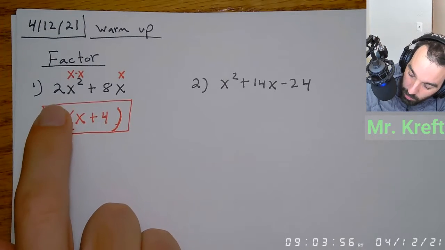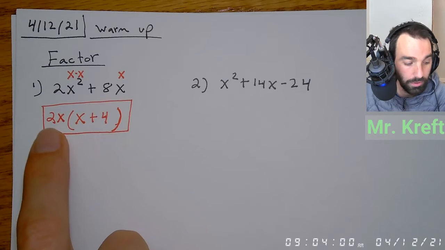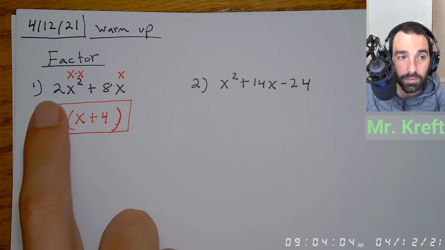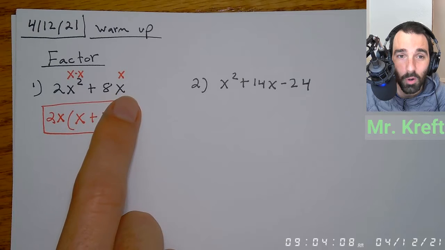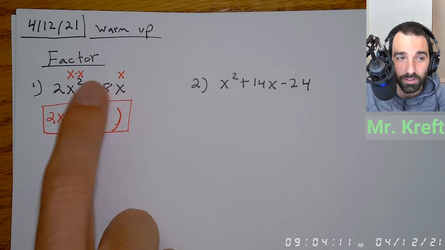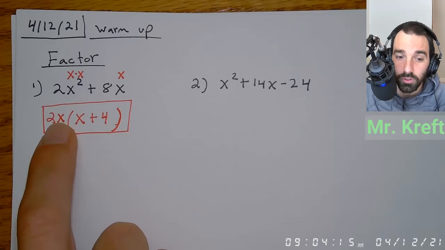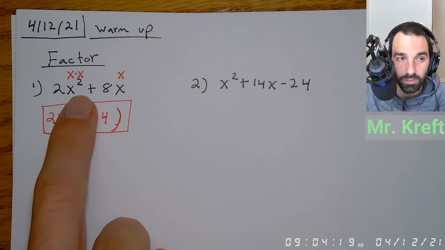So again, we're looking for what number goes into both 2 and 8. 2 is the biggest number here. Once we figure out the number, then we're looking at the letters and thinking, what's the most we can pull out? Well, there's 1 x here and 2 x's here, so I can only pull out the 1. And then we're working backwards. 2x times what gives me 2x squared?